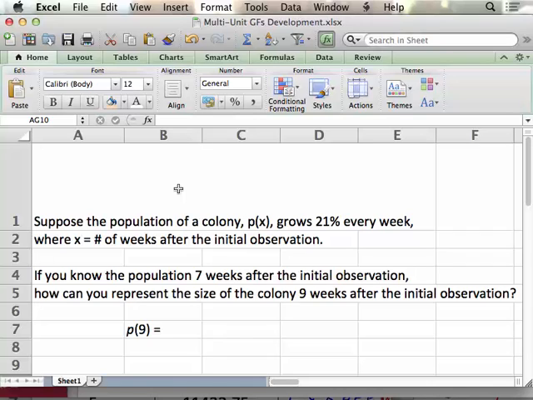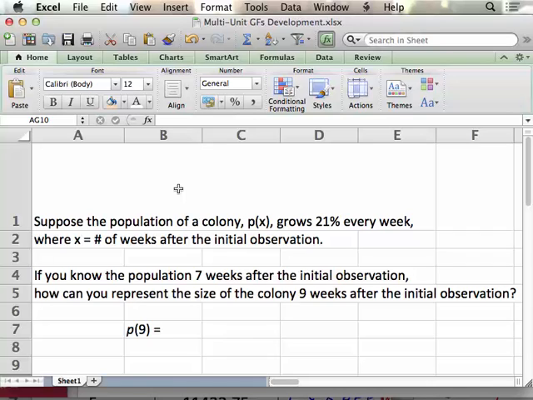So this is a task where you have to understand function notation, and also how exponential growth works. So see if you can come up with this, and the restriction is you're not allowed to try to figure out what this P of x function is.